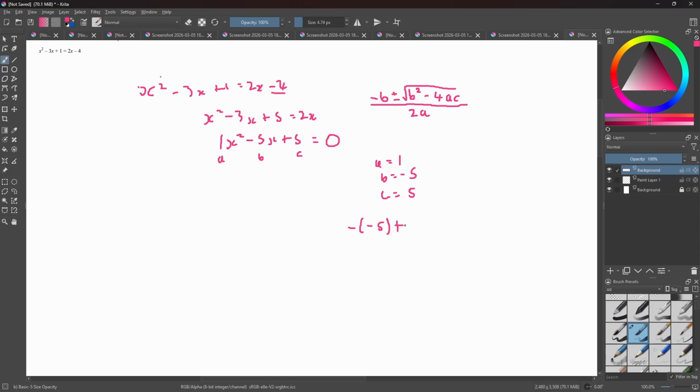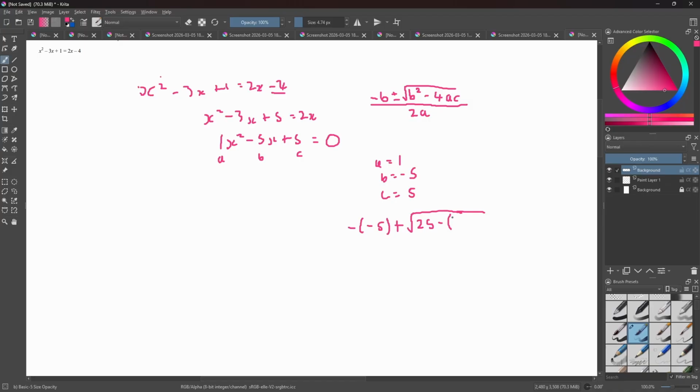Let's do a plus first. The square root of b squared. Minus 5 squared and 5 squared are the same, because it's minus 5 times minus 5. So 25 minus, and then we want to do a bracket because we want to do this bit first. It doesn't really matter though.